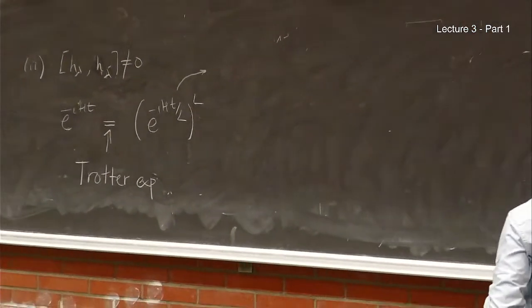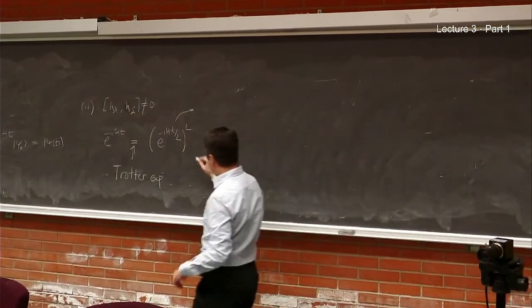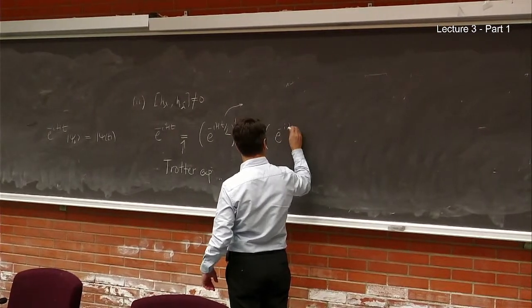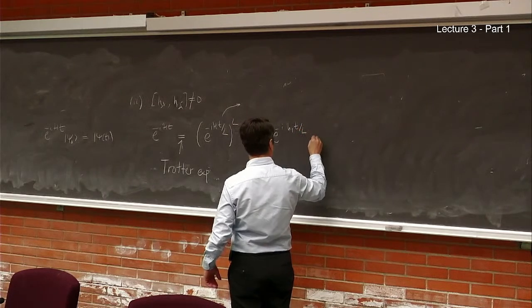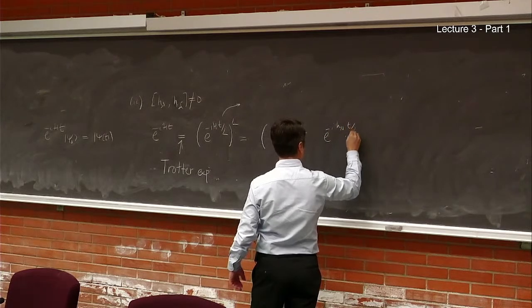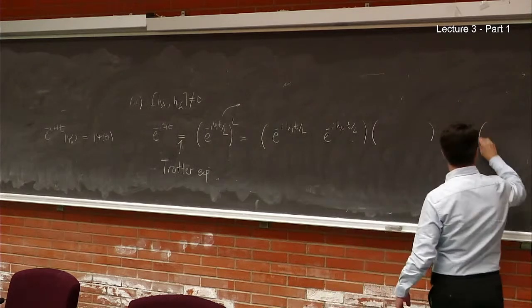And so now, what you can do is rewrite the whole thing. Each of the terms is equal to e to the minus i h1 t divided by L, then e to the minus i h2 t divided by L, and so on, then the same thing, L times.